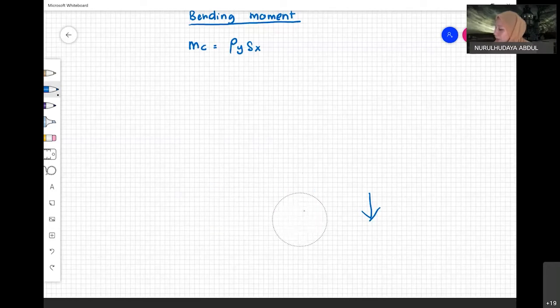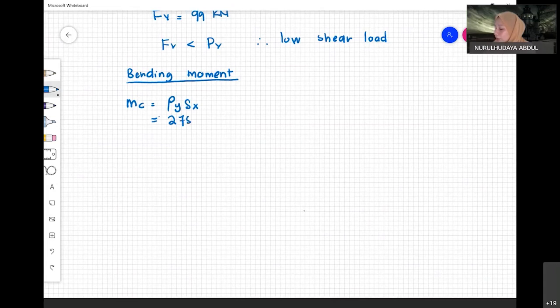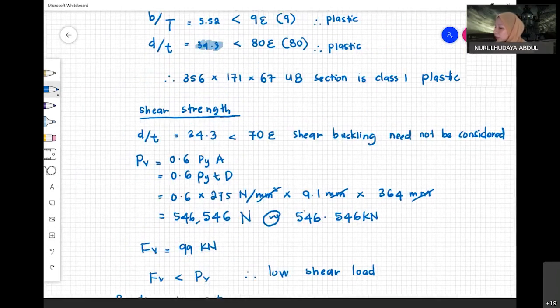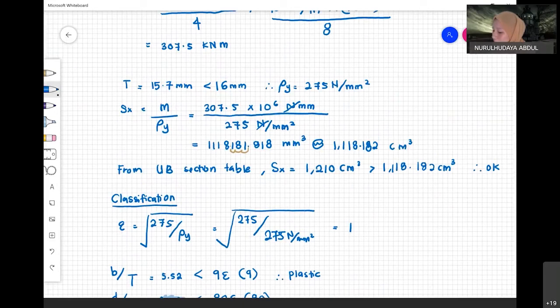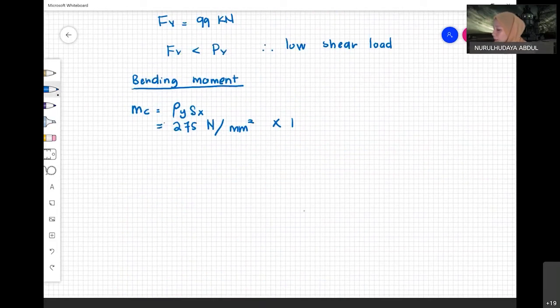I believe that you masih ingat part 1 kita kira ISX. 275 Newton over mm square, and kita akan darab dengan SX. SX ni adalah plastic modulus. Okay, you ada choice whether you want to refer back to the table or you can just simply use whatever yang you dah ambil kat atas ni. I malas refer table. Okay, SX you inilah 1,2,1,0, kita cari daripada table.